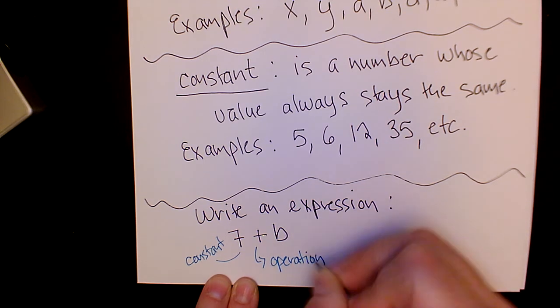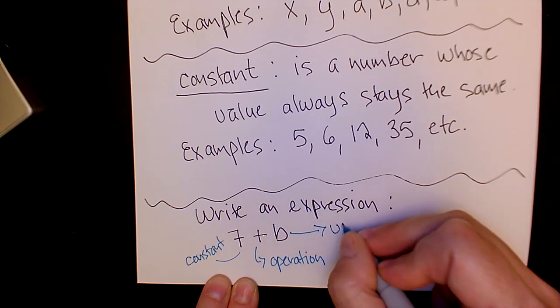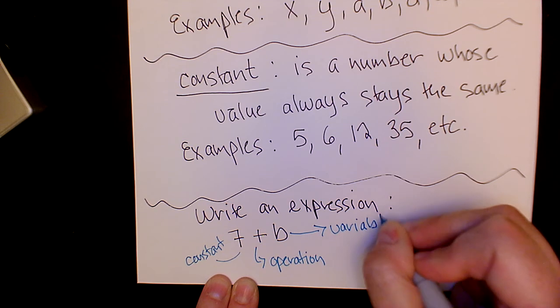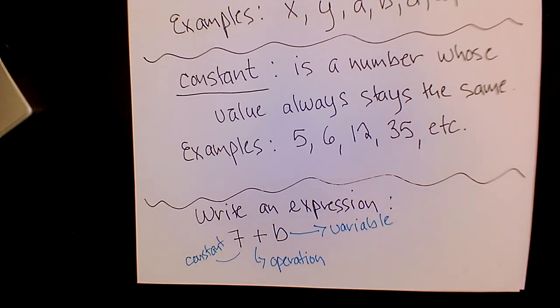Plus is my operation. And b is my variable. I don't know what b is. I just know I'm adding 7 to b, the letter b.